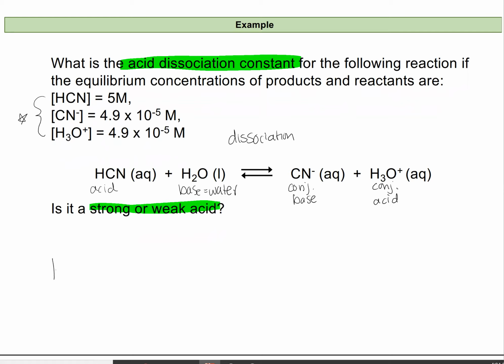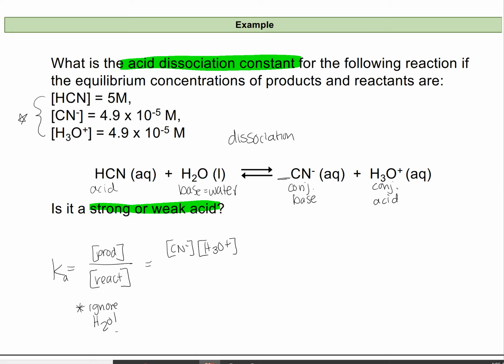So to set up my equilibrium expression, my Ka is going to be equal to my product concentrations divided by my reactant concentrations. Remember, I'm going to ignore the water because it's also my solvent. So for this reaction, my products are cyanide and hydronium ion.